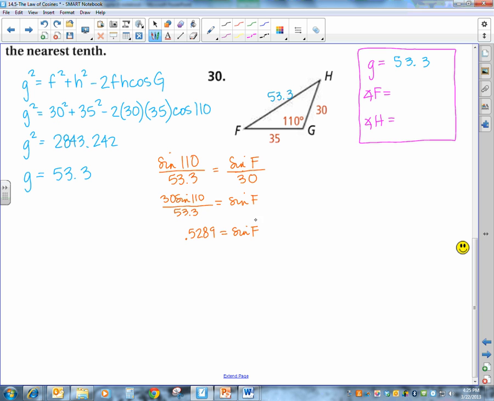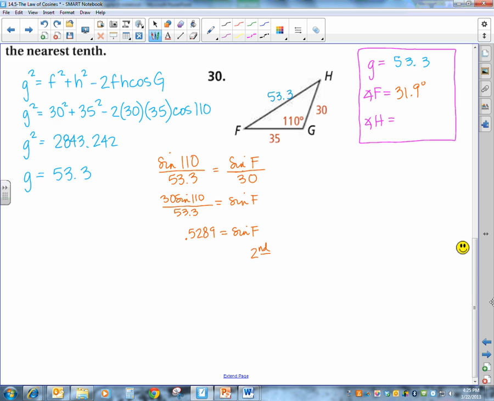The sine of F becomes 0.5289. Again, looking for that angle means I need to use the second or the shift key to access the inverse sine function. And we find out that F is going to be equal to 31.9 degrees. So we're left with H, and hopefully that is obvious to you.